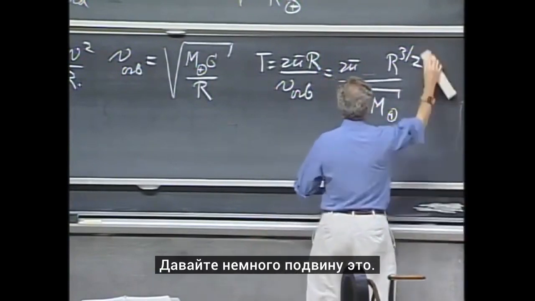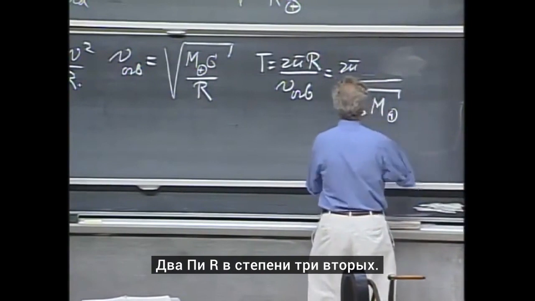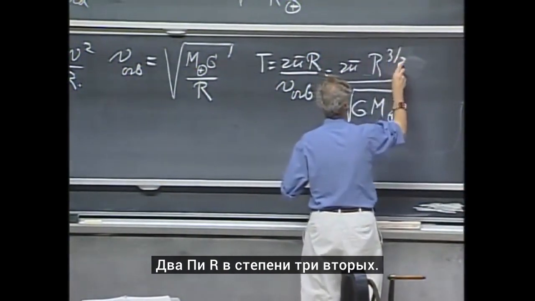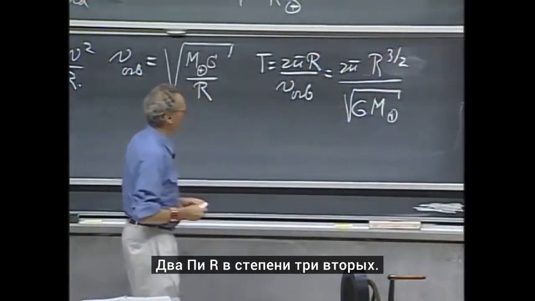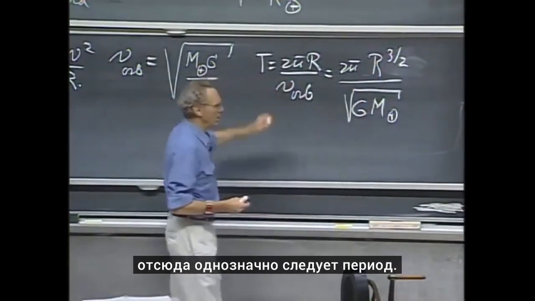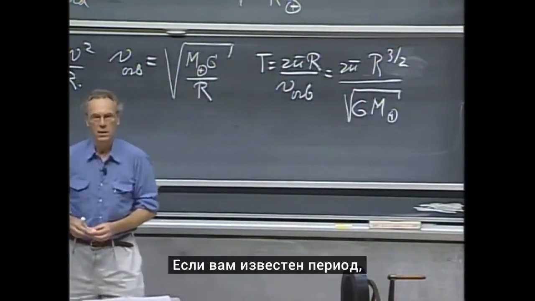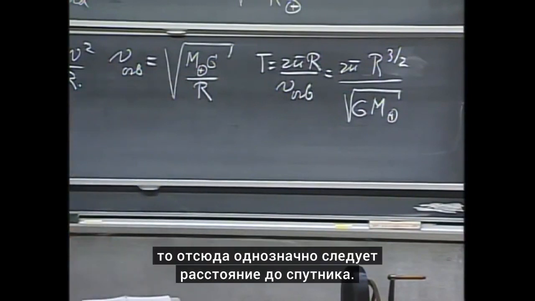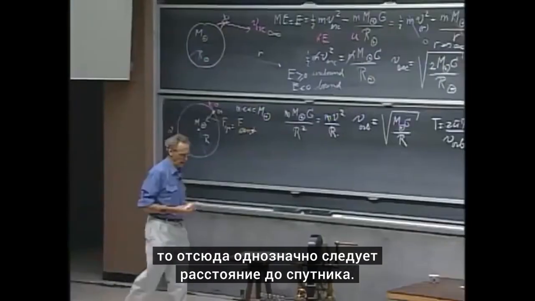So again, if you know the radius, if you know how far you are away from the Earth, the period follows uniquely. If you know the period, then the distance to the satellite follows uniquely.